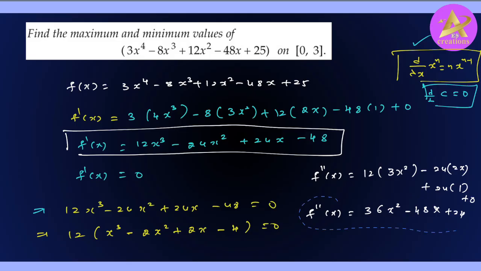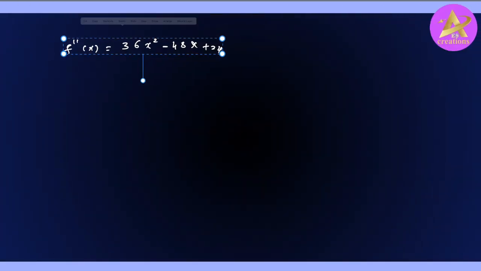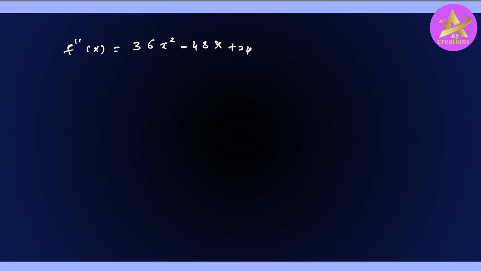I will copy this one also and paste here. This is f double dash of x we got, right? The next step is, whatever x value we got, substitute in the f double dash. F double dash of 2 equals 36 times 2 square minus 48 times 2 plus 24.